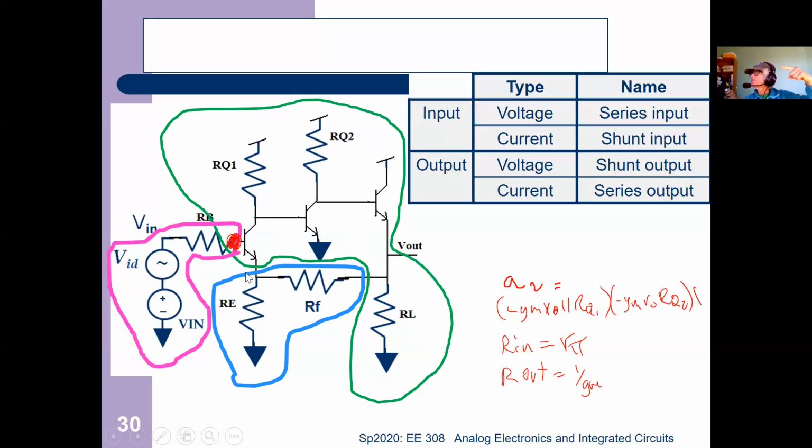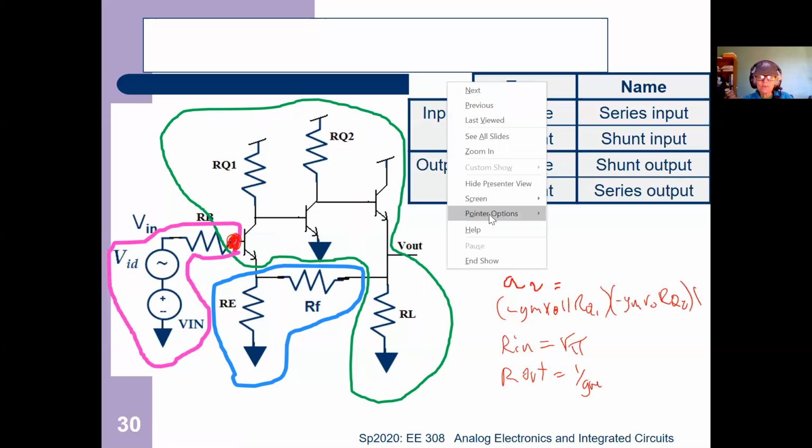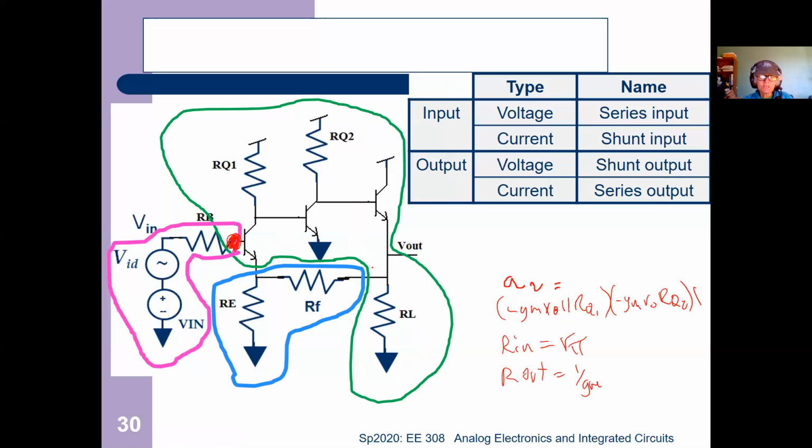Your signal is going through your amplifier this way, but the feedback comes back from the output and goes back to the input. So this is actually your V in for your feedback. It's V out of your whole circuit, but it's V in for your feedback. And this is your V out of your feedback on this side.